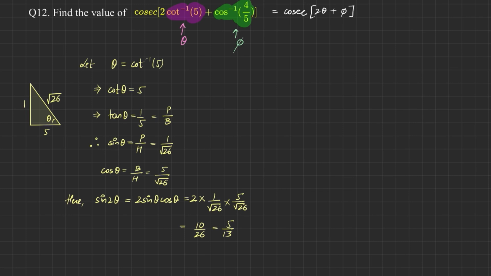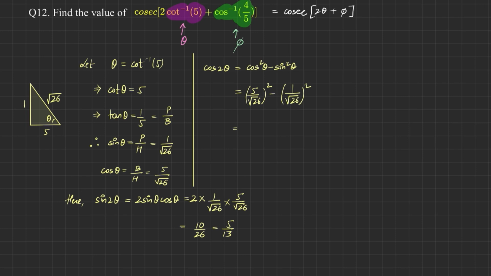Let us also find the value of cos 2 theta. The formula for cos 2 theta is cos square theta minus sine square theta. So it will be equal to (5 over root 26) whole square minus (1 over root 26) whole square.